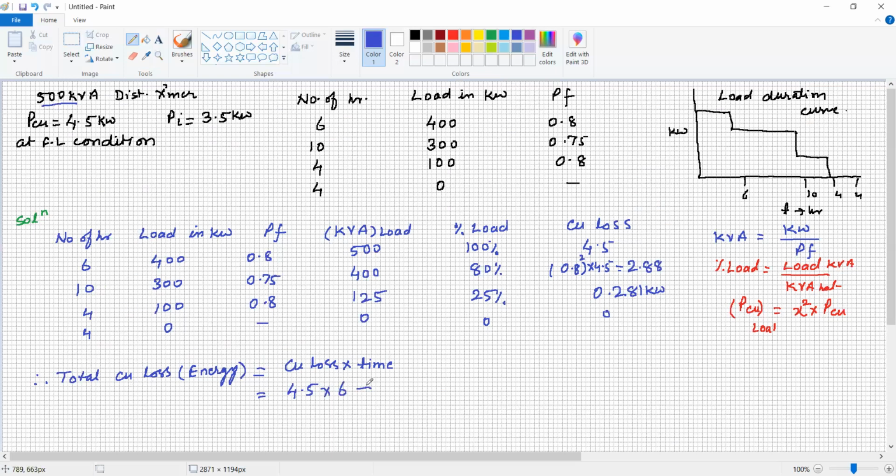The second, at 80% load, is 2.88 multiplied by 10 hours, plus 0.281 into 4 hours. So the total copper energy loss comes to around 56.924 kilowatt hours. This is the energy loss due to copper losses.